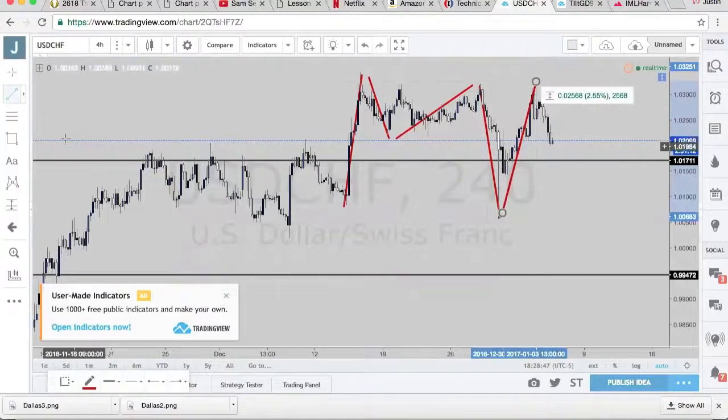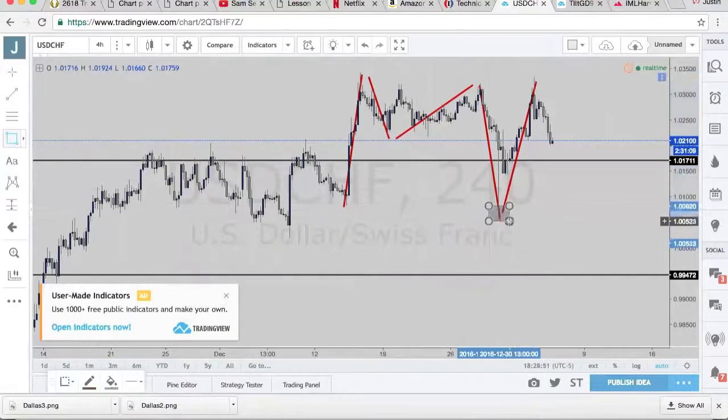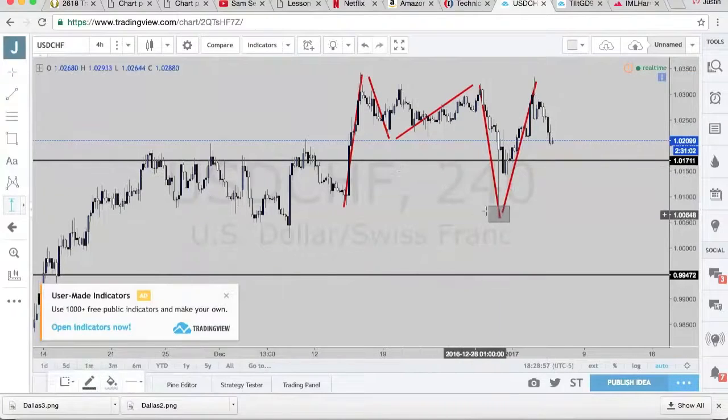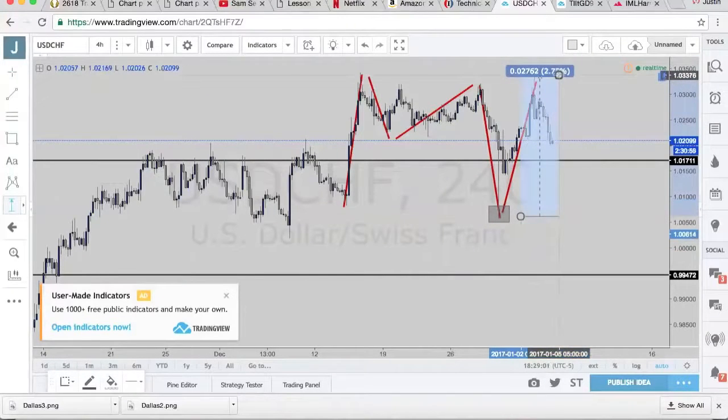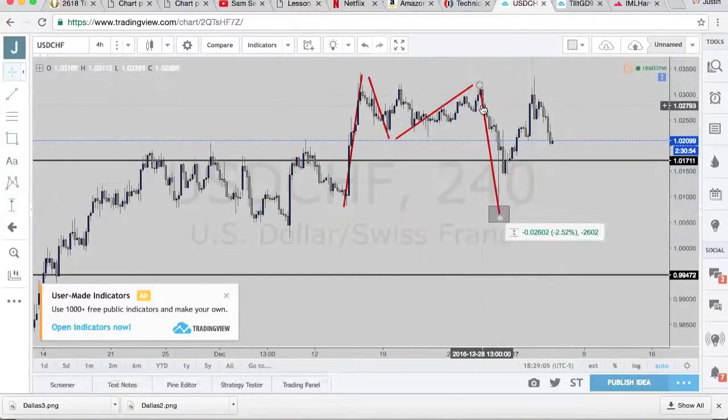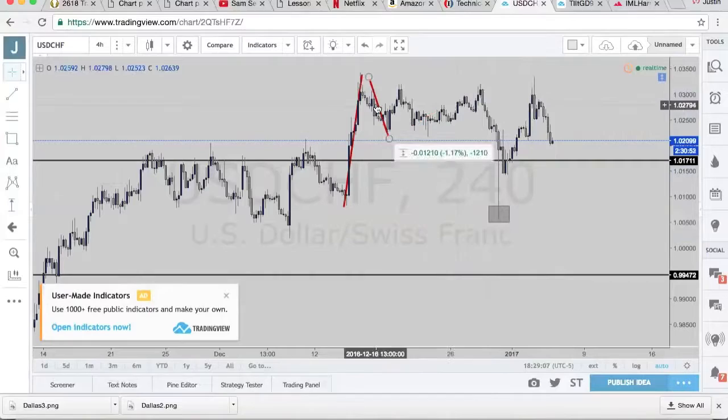The scanner caught this point right here, which is the point D. I'm going to show you how. And look, this trade went approximately 280 pips. So seeing this, what I'm going to do is actually draw the pattern in.